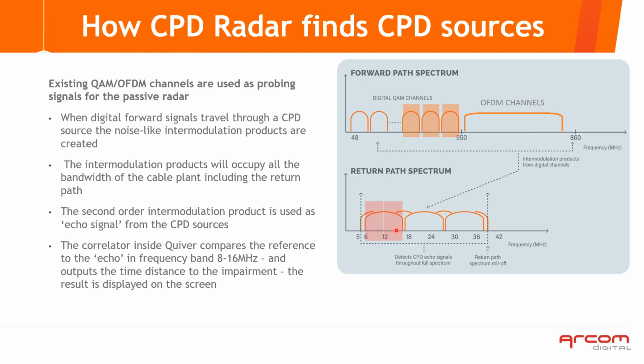Our CPD radar takes energy located between 8 and 16 megahertz in the return and compares that with an intermodulation product built from the forward channels applied as a reference.